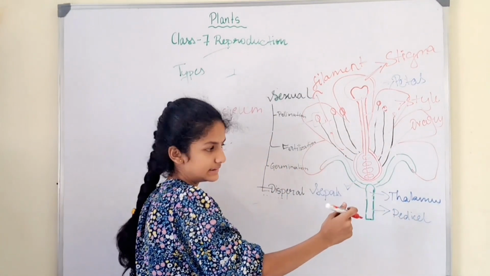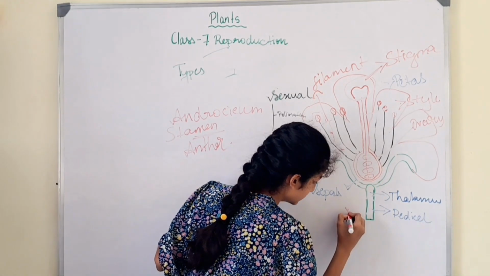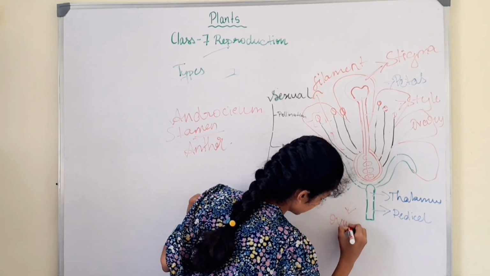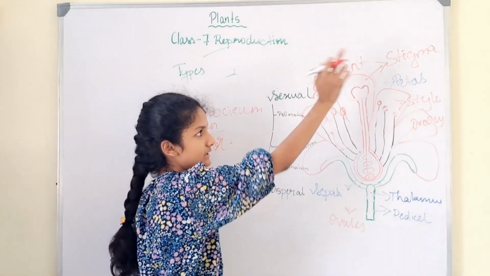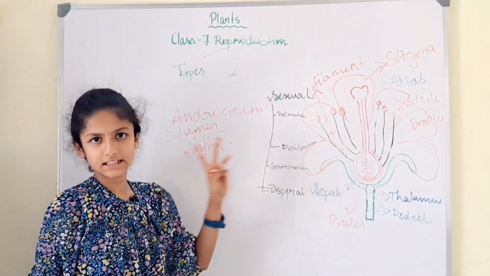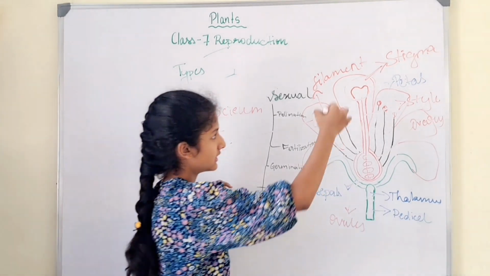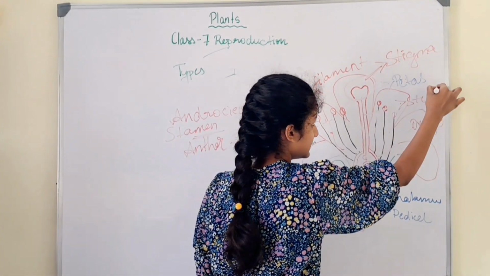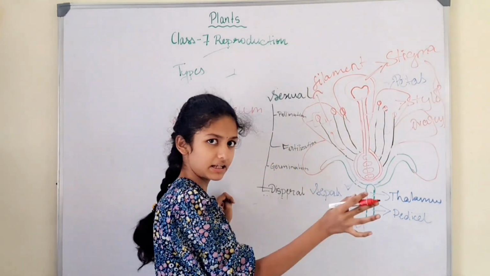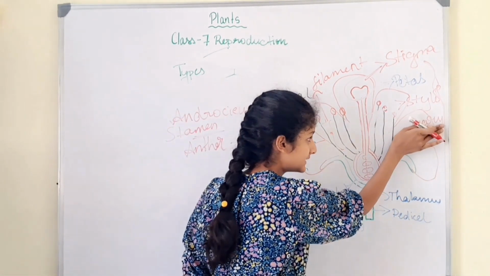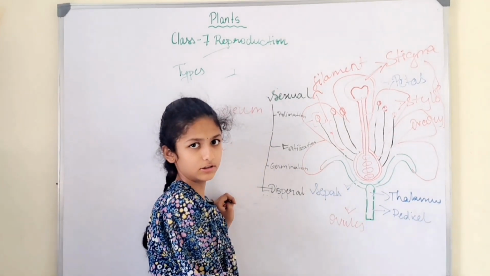The seeds you can see now are ovules. Style, stigma, ovary, these three things are the female reproductive part. And in this ovary, we have ovules.